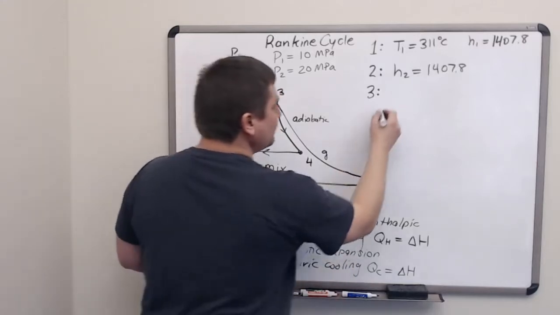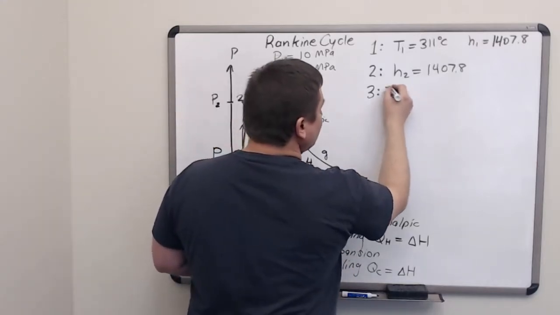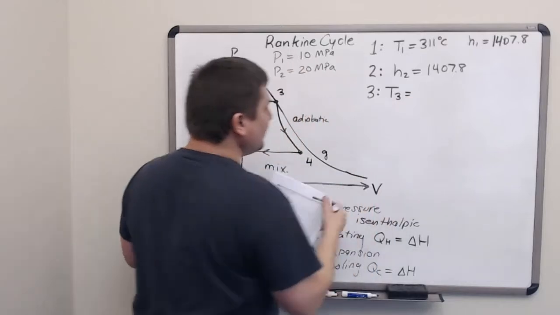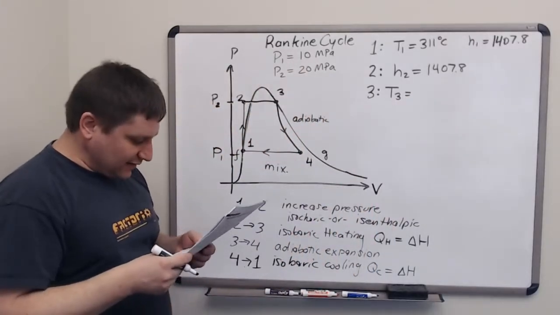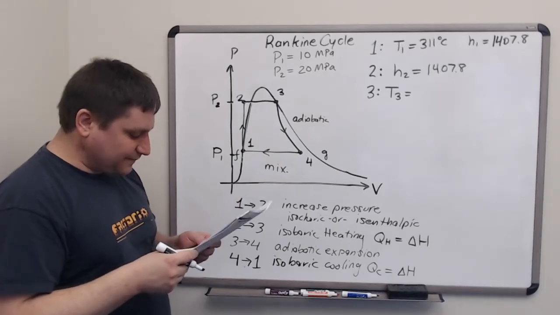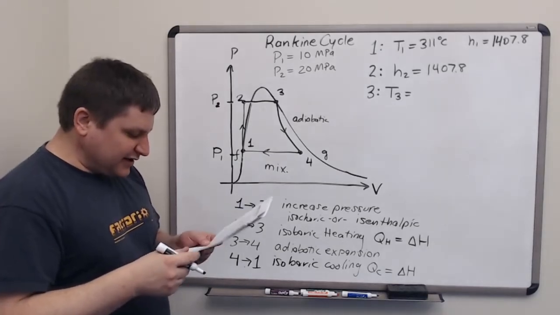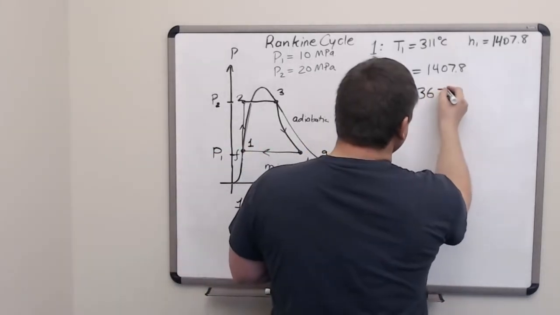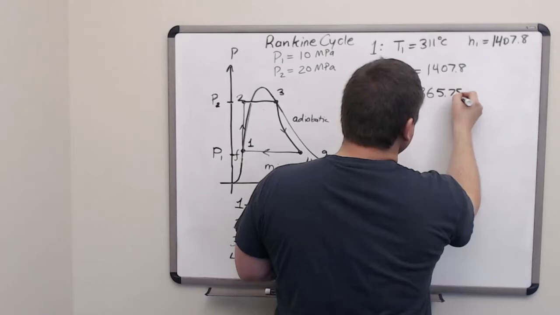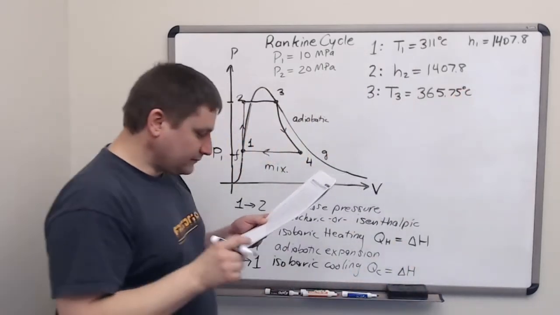For location 3, we can again turn to the steam tables for the pressure of 20 megapascals or 20,000 kilopascals. Here we see that the temperature is 365.75 degrees Celsius.